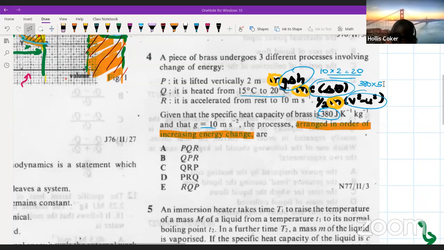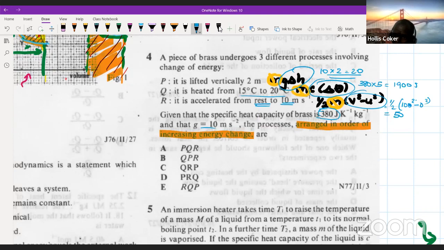This one is 1900 joules per every kilogram. Right, that's 1900 there. And then a half v squared minus u squared, that's a half into the velocity. 10 is v, u is 0. Half of 10 squared minus 0 squared. A half of 10 squared, so it's 100, that is actually 50.